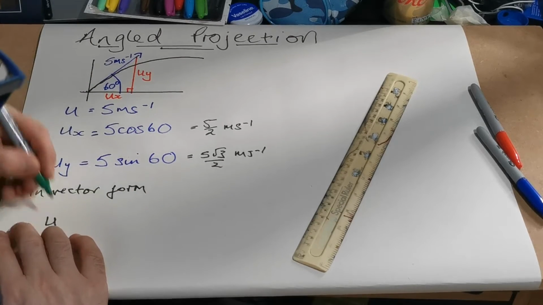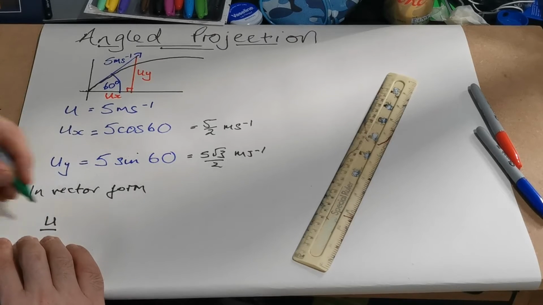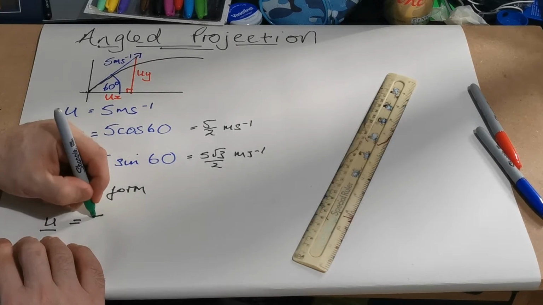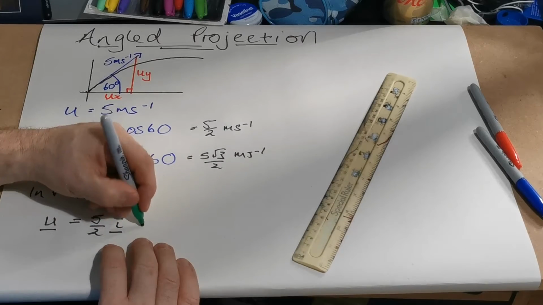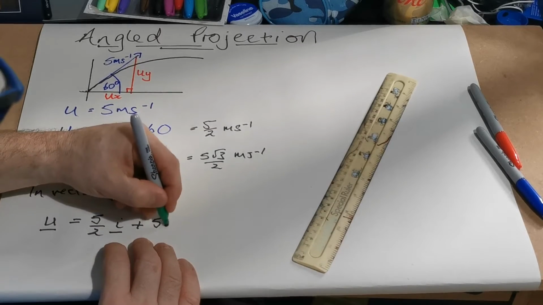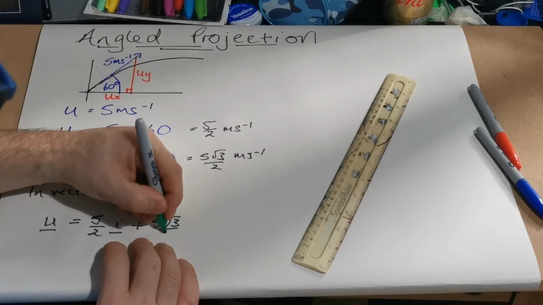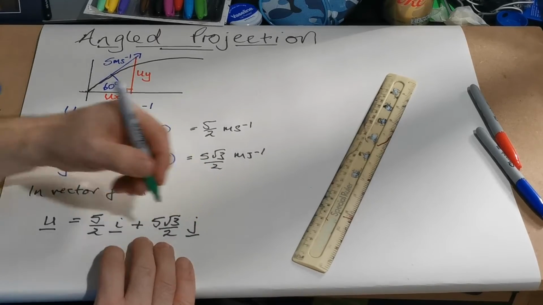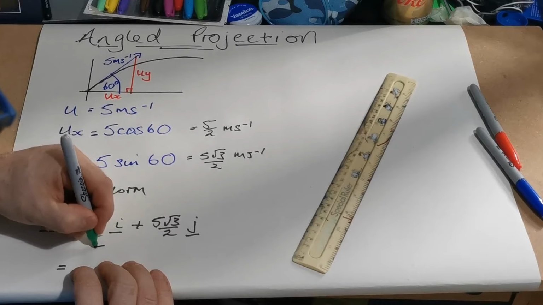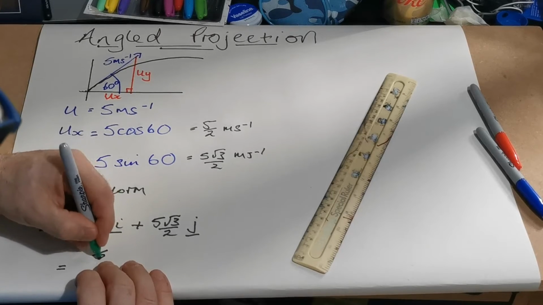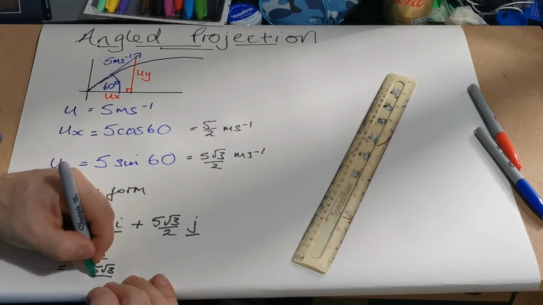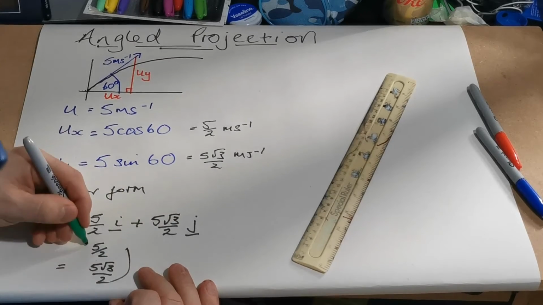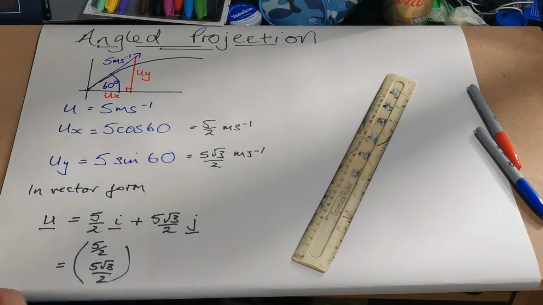So I could call u as a vector, and that would be 5 over 2 i plus 5 root 3 over 2 j. Or if you're more comfortable with column vectors, which sometimes I am, sometimes I'm not, I might write it like that.